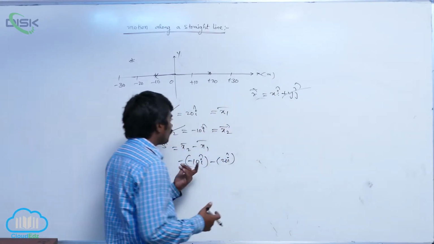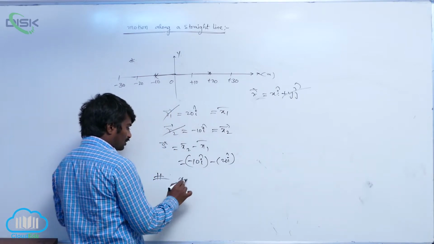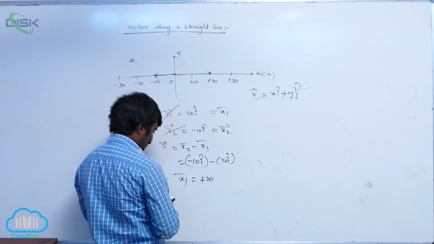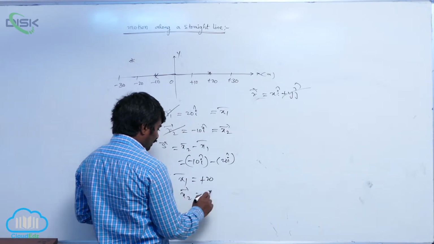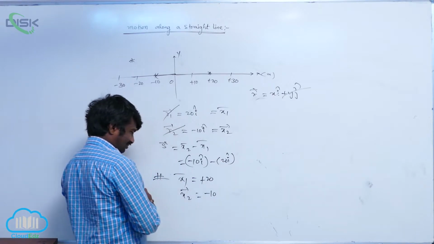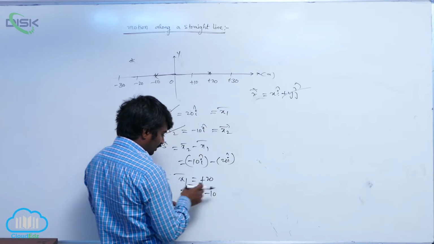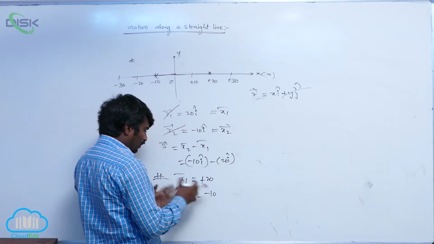That's why instead of taking I cap or minus I cap, they prefer to take like this: x1 bar is equal to plus 20 and x2 bar is equal to minus 10. Plus means into plus I cap, minus means into minus I cap. So they prefer to take like this.